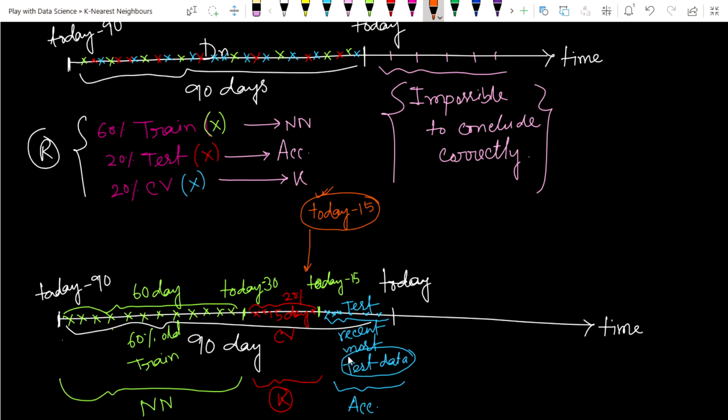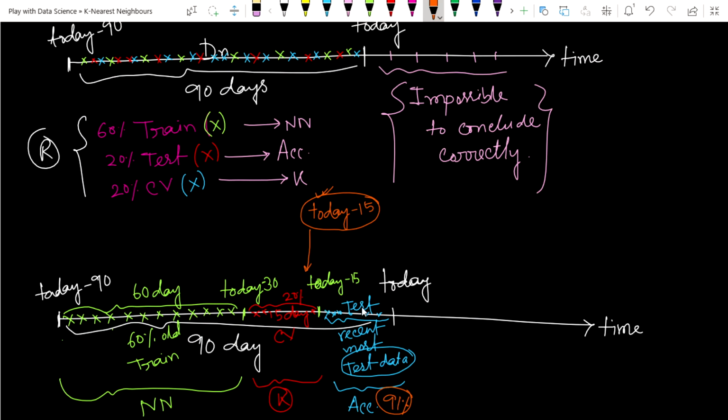Suppose we got this accuracy as 91%. Instead of the 93% accuracy from the whole data, using this time based splitting we got 91% accuracy.